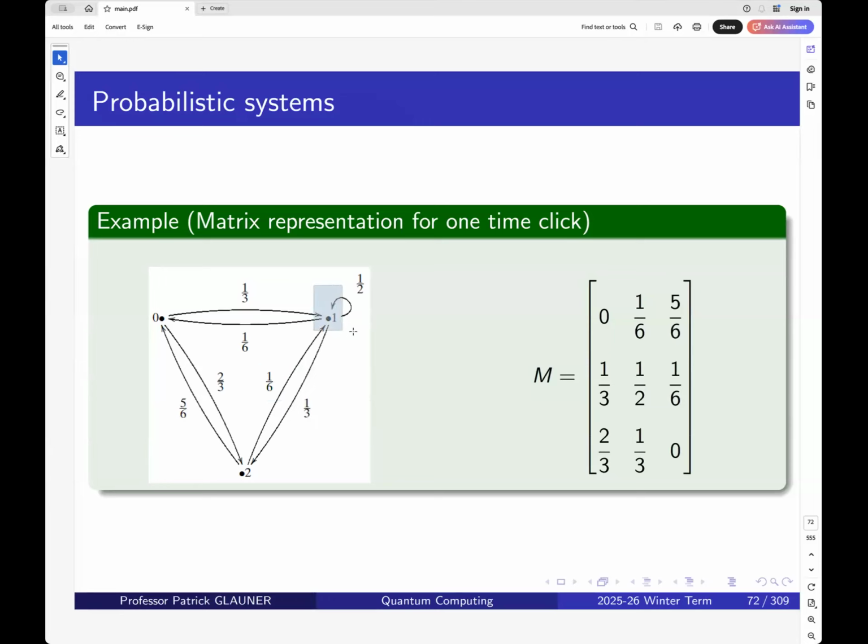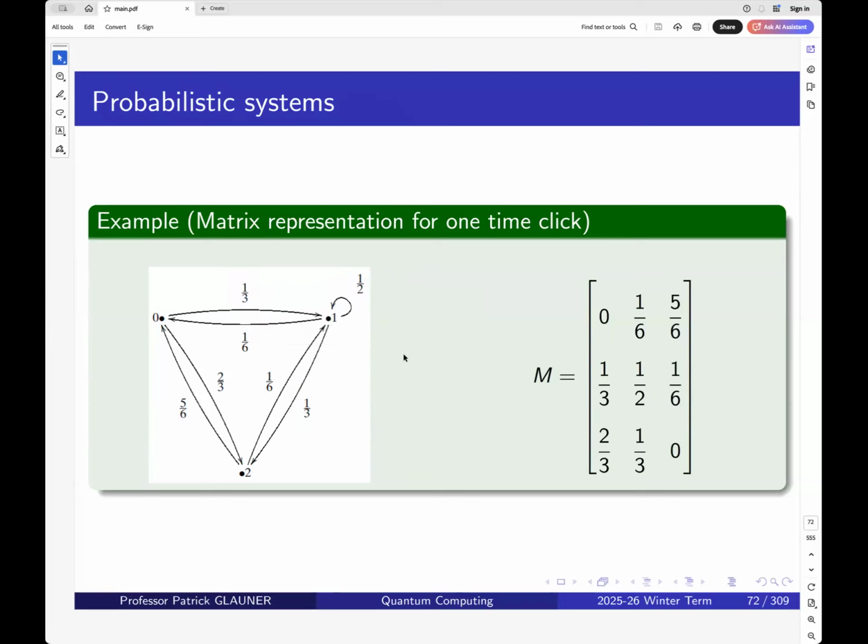And for the 1 here, it's a bit more complex. It has outgoing ones, which are a 6th and a 3rd, but it has an outgoing one of a half, and that outgoing one is also an incoming one. So we have the other incoming ones, which are here a 3rd and 1/6.